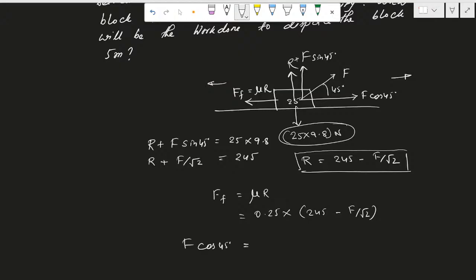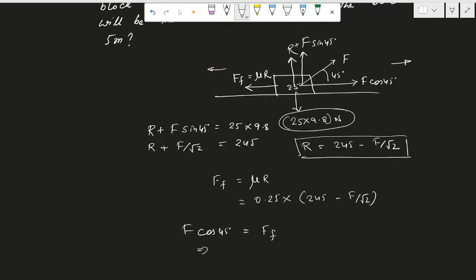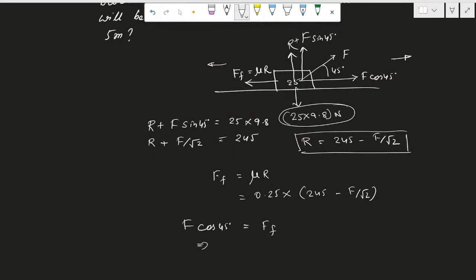It is said that the block gets displaced and the block travels at uniform velocity, so that is also mentioned over there.